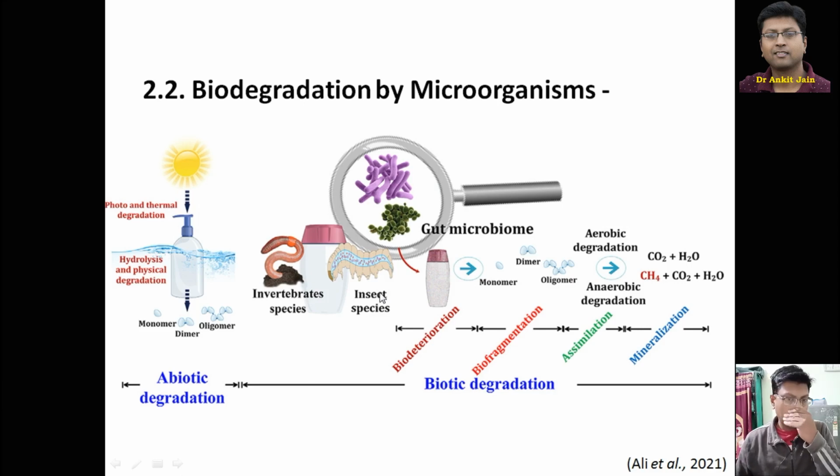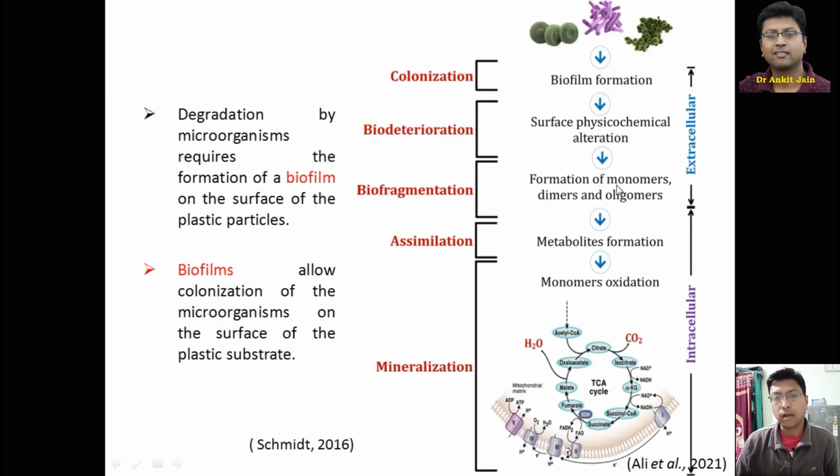After the mechanical chewing, this plastic is degraded into microplastic and nanoplastic. Further, biotic degradation is done by microbes in four steps: biodeterioration, biofragmentation, assimilation, and mineralization.